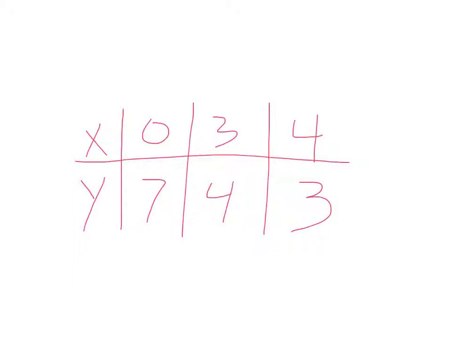So let's go back to our original set of points. Now I have 3 points listed here. I'd like to find the slope between (0, 7) and (3, 4). Looking at my y's, in order to get from 7 to 4, I would have to go down 3. In order to get from 0 in my x's to 3, I would have to go right 3.